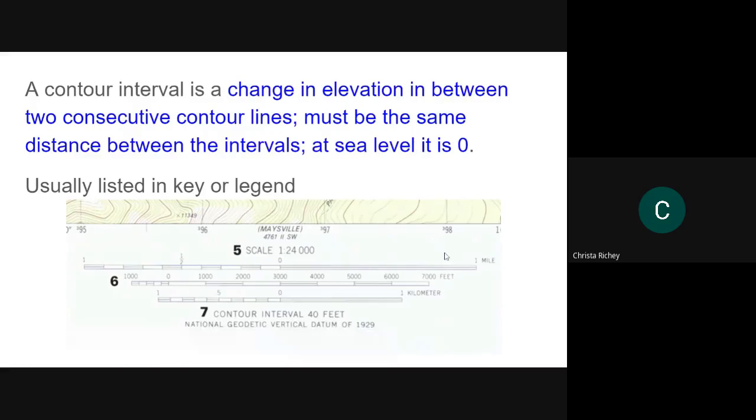A verbal scale would be like 1 centimeter equals 100 meters. This one does not have that. Now, on your Canvas assignment, when I snipped the topographic map, I cut that part off because you have to be able to calculate how much of a difference it is between the lines, like what the interval is. It's really not difficult.